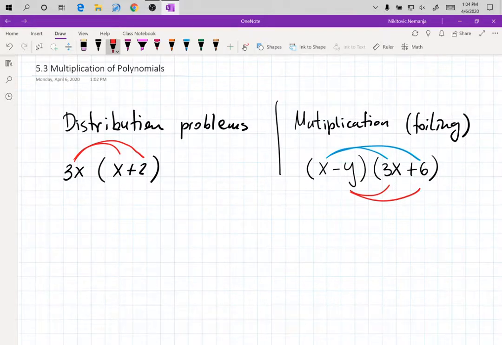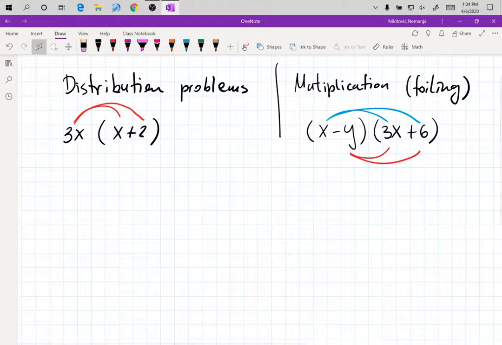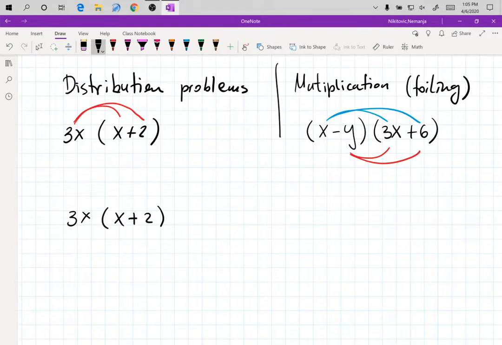So these are the two types. Let's take a look at distribution problems first, and then we're going to take a look at multiplication problems. So it's structured: you have one or you have the other one. Let's say you have this problem of 3x times x plus 2.